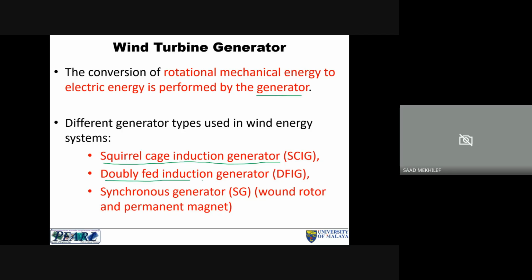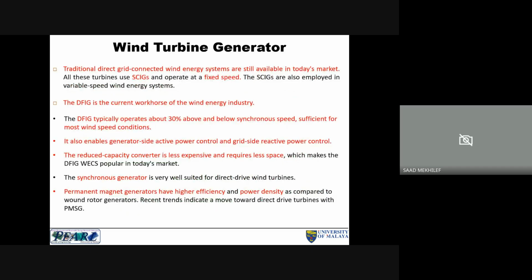Also quite commonly used is the DFIG, the doubly fed induction generator, which is popular and heavily used in wind generation systems. And then we also have the synchronous generators. We will discuss all of those later, and see how they are configured and used. These are the different types of energy conversion systems.